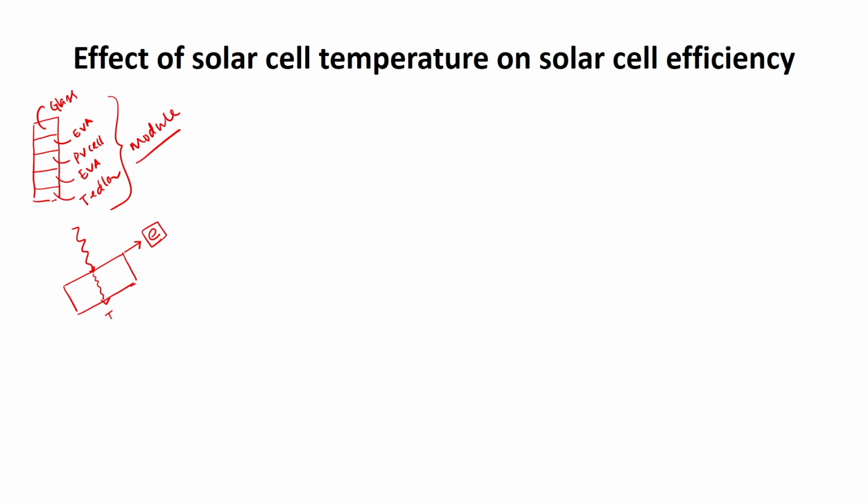So, it will generate thermal energy. And also this thermal energy will contribute in increasing the temperature of the solar cell, a rise in temperature. So, if this is happening, that means we are losing efficiency.